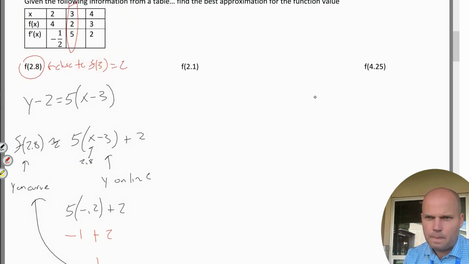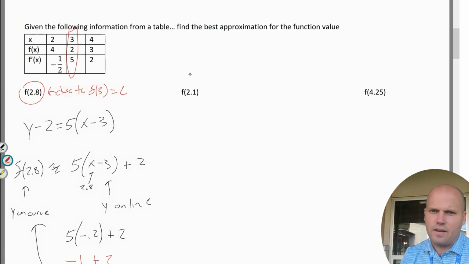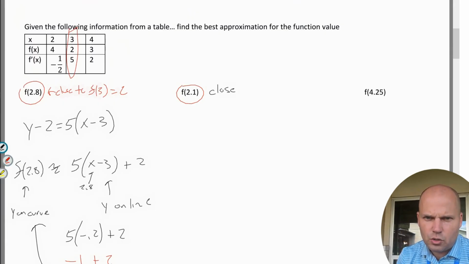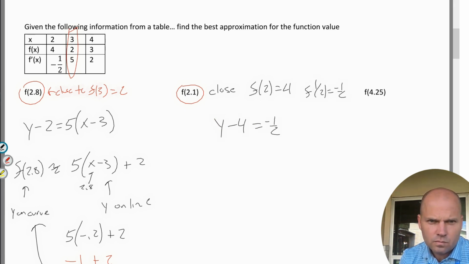Yeah, cool. But what if I'm looking at f of 2.1? Well, 2.1 is close to the point I know, f of 2, which equals 4. Slope is negative a half. I will use this line. And I'll say this line mimics this curve around the point (2, 4).